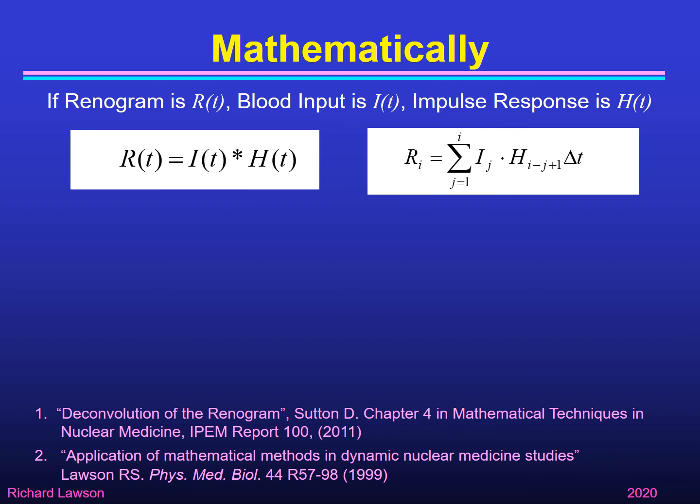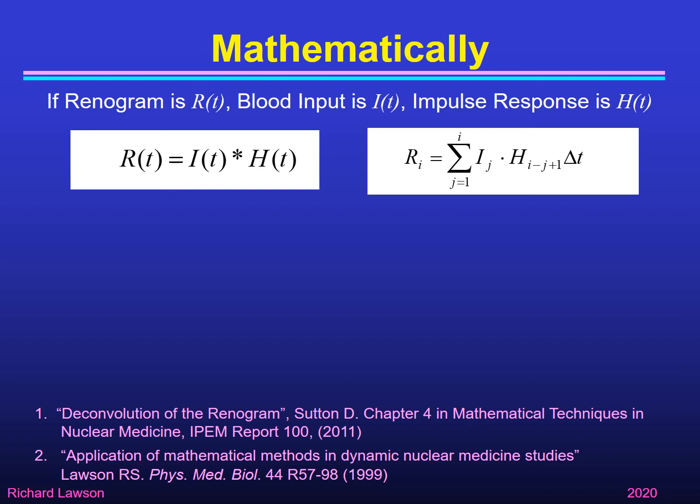So mathematically we can write R of t as the renogram as a function of time, I of t the blood input as a function of time, and H of t as the impulse response. In that case, R of t, the renogram, is a convolution of I and H, where star means a convolution.